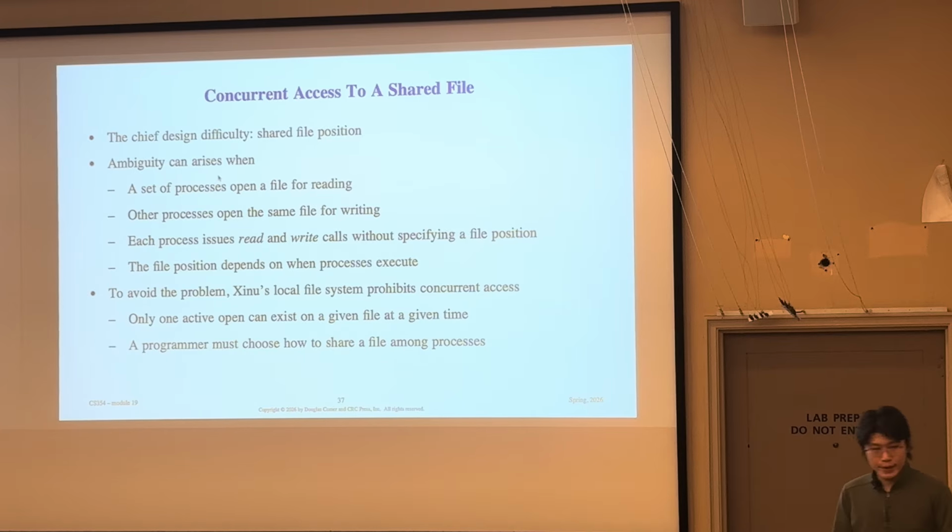So Xenu makes a simplified design to not allow concurrent access to a shared file, right? In a modern file system, you often see that you can allow multiple processes to open one file and read it together, right?